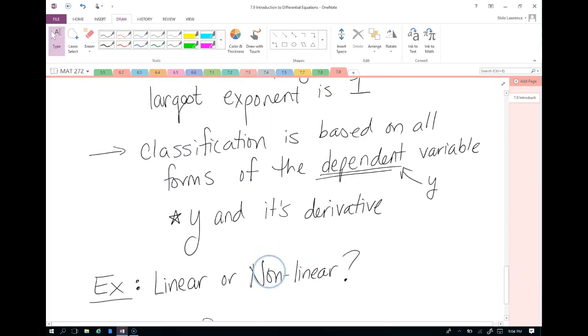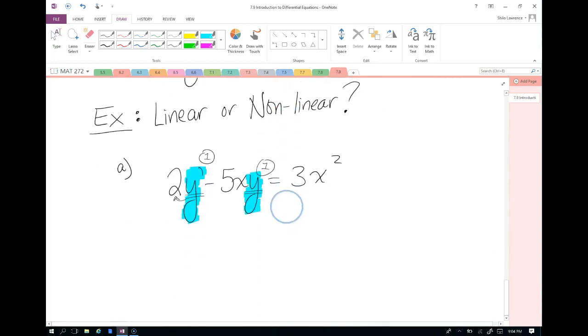Linear or nonlinear is based solely on our dependent variable, y and its derivatives. So you're going to look at your y prime and your y, or your y double prime if it's a second order equation, or so on, and make sure that every single time you see a y in that problem, that it's contained within a linear term.